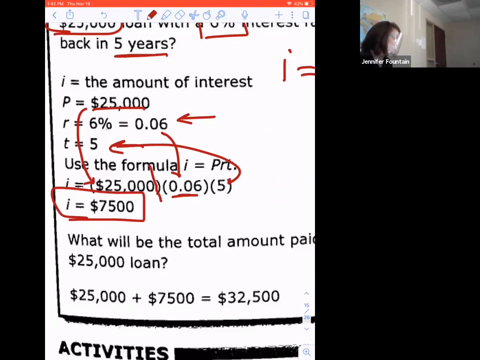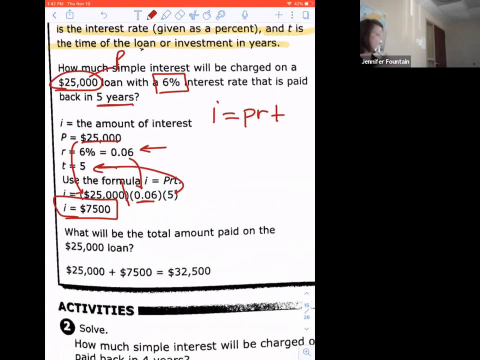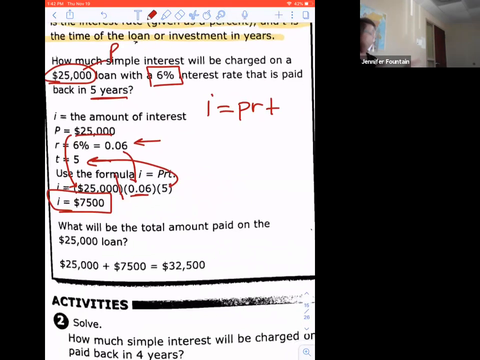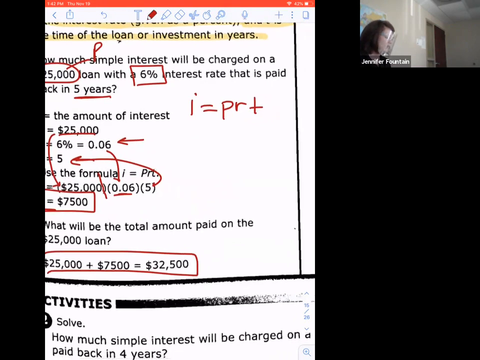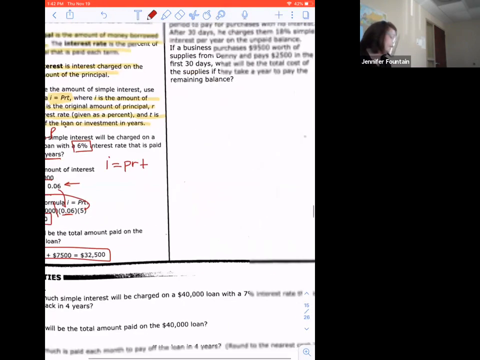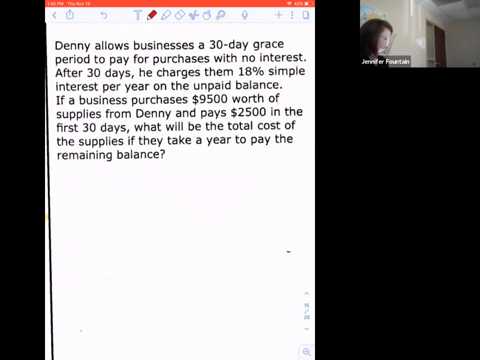So if you borrowed $25,000 and you're paying 6% interest, you're paying $7,500 back. Your total amount that you're going to pay back is $32,500. So a lot of times that's why it's super important to pay attention to the interest rate to see how much you're going to have to pay back, because you're going to have to pay $7,500 more than you borrowed. Okay, so that's something to think about as you get older and start borrowing money and having credit cards and all that good stuff.